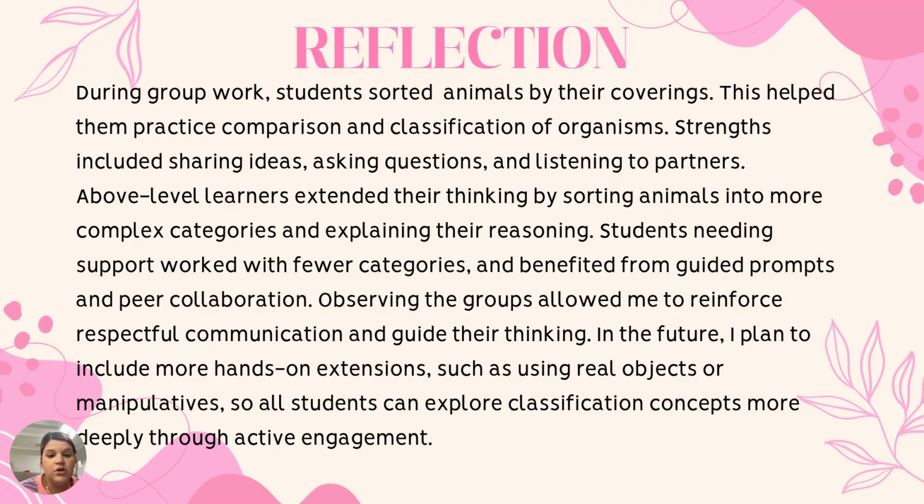My above level learners extended their thinking by sorting animals into more complex categories and explaining their reasoning. Students needing support worked with fewer categories and benefited from guided prompts and peer collaboration. Observing the groups allowed me to reinforce respectful communication and to help guide their thinking.